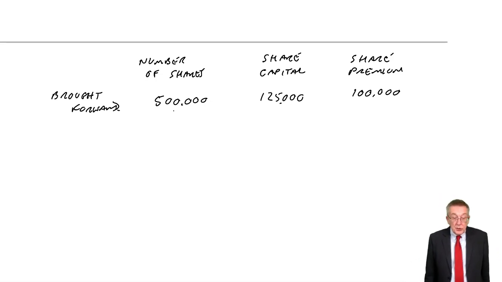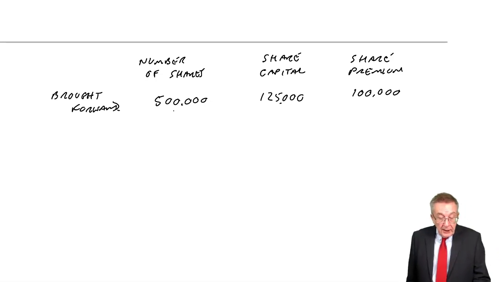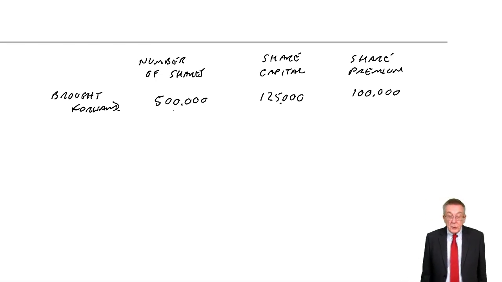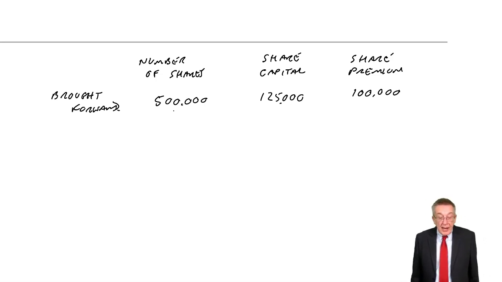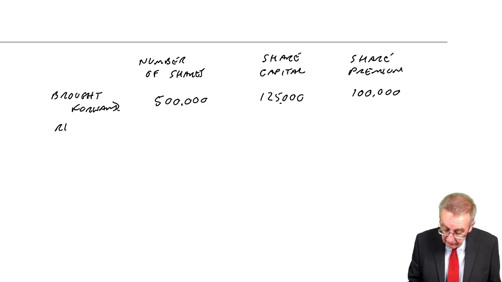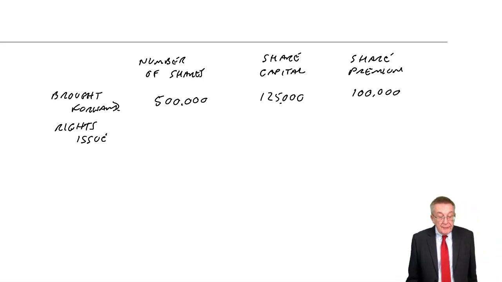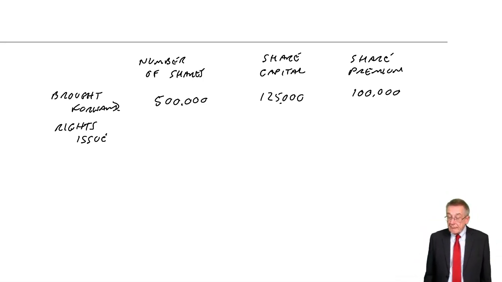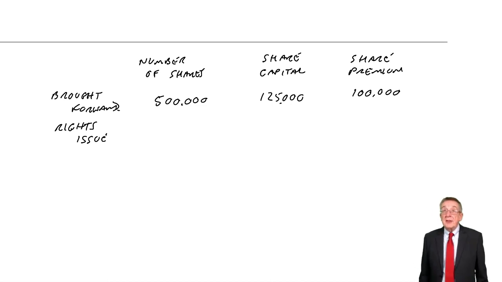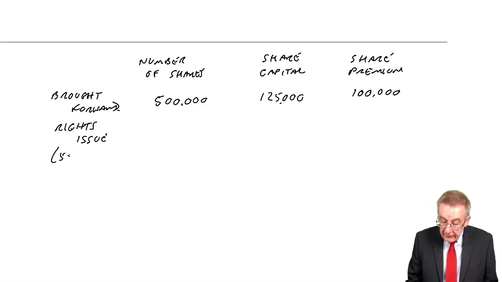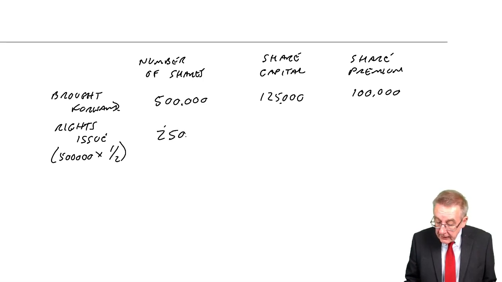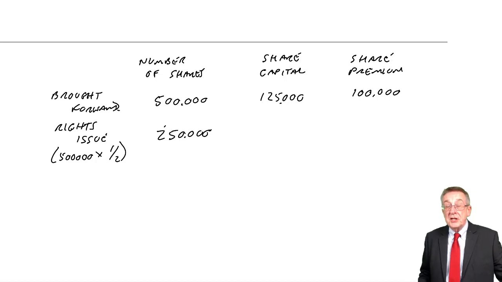Now let's work through in date order what happens. During the year to December 2005, the company made a rights issue of 1 share for every 2 held. Well, at the moment there are 500,000 shares in total, so if everybody's offered 1 for every 2, they're issuing 250,000 more shares.